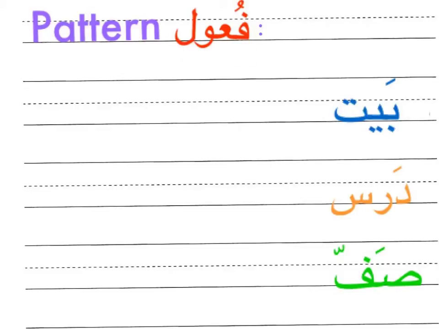In Arabic we say it has to be ala wazn, on the pattern fu'ul. So bayt becomes buyut. You see? Fu'ul, buyut.